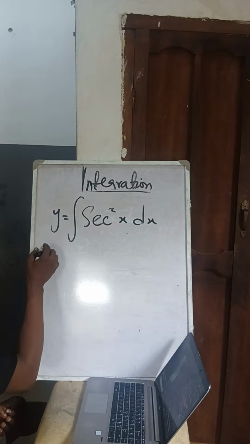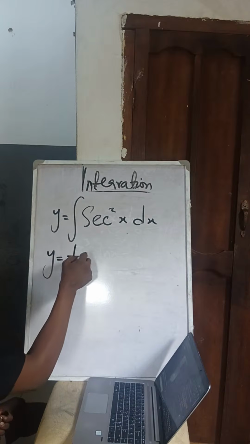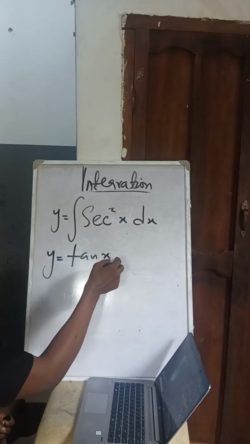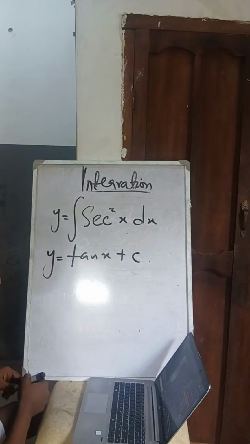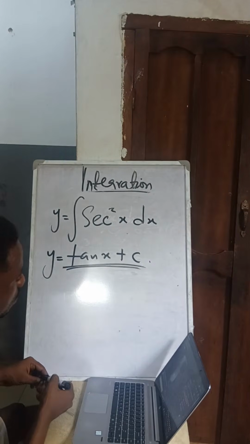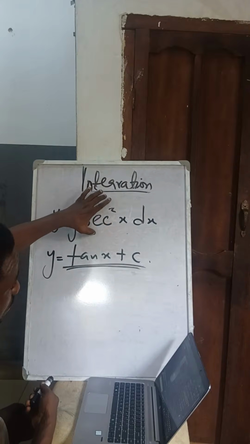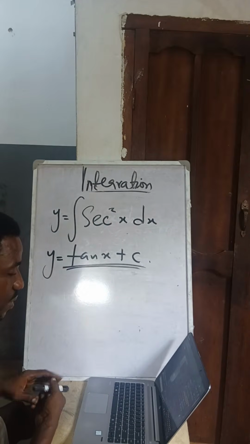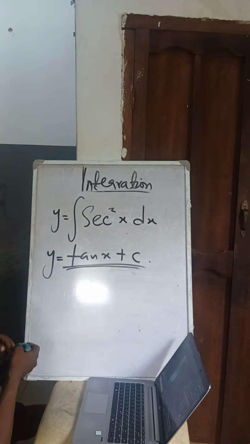Remember, the answer is tan x plus c. If you differentiate tan x, you get sec squared x. If you integrate sec squared x, you get tan x. Simple and short. They are reverse processes.